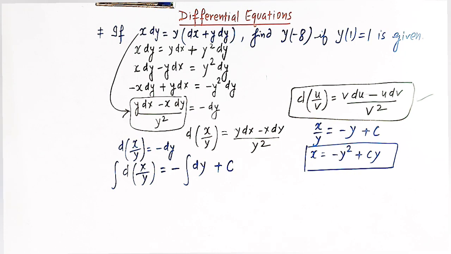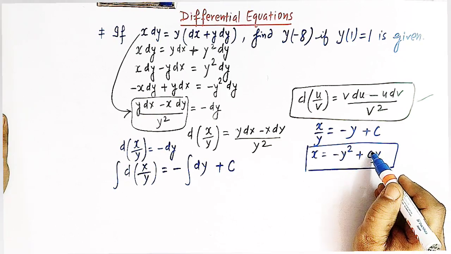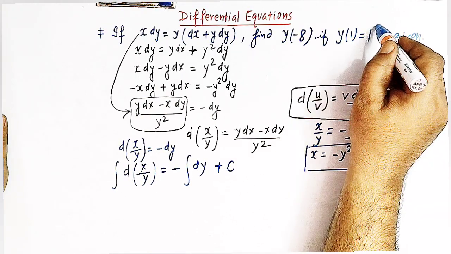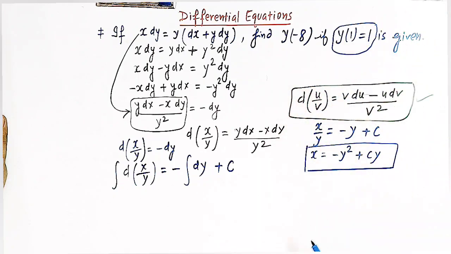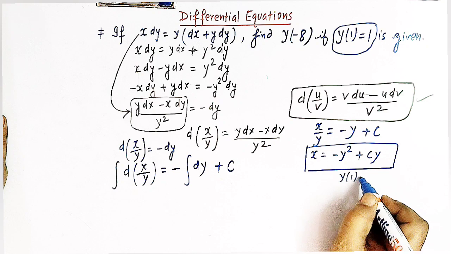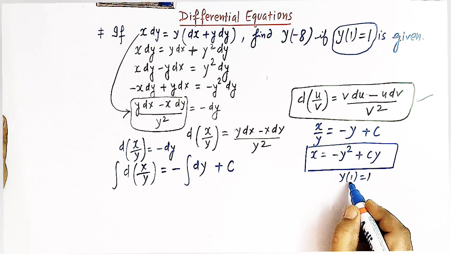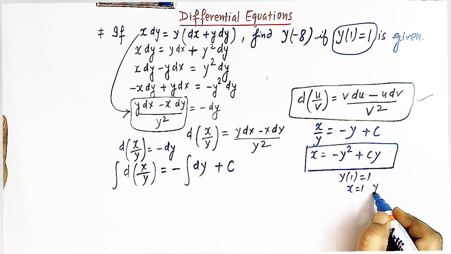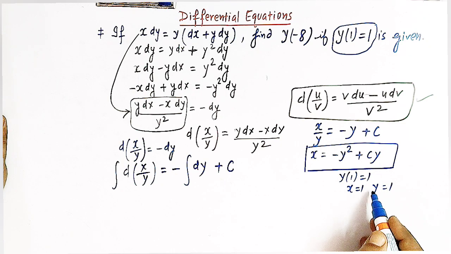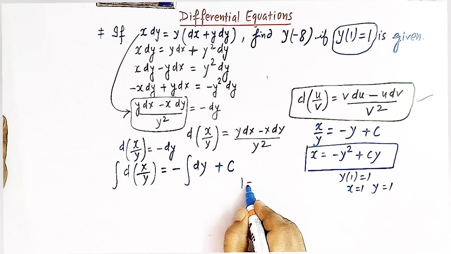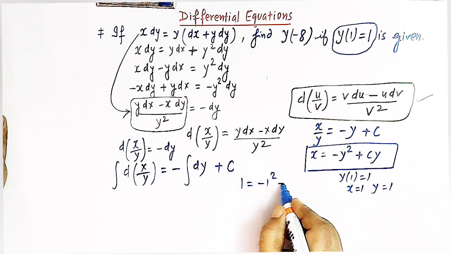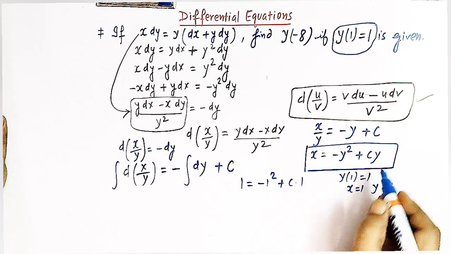So now to get the value of this arbitrary constant c, we can make use of this initial condition, that is y of 1 is equal to 1. So when x is equal to 1, we have y is equal to 1. So substituting these values over here, we have 1 is equal to minus 1 square plus c times 1.